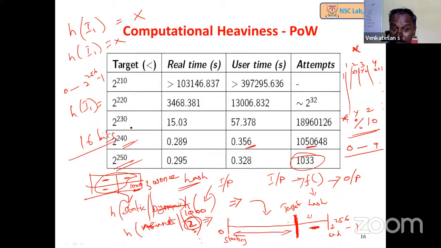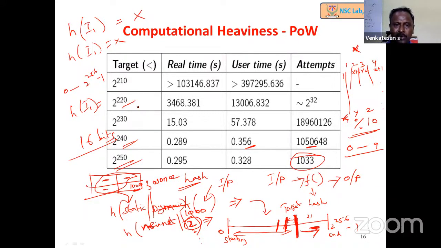When I further reduce the target, the range is getting reduced. So when the range is reduced, the complexity increases, the difficulty increases. When I bring this towards this side, the difficulty is reduced. So if the target is more, difficulty is less. If the target is less, then the difficulty is more.